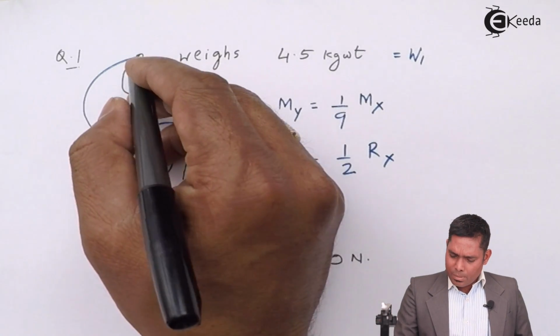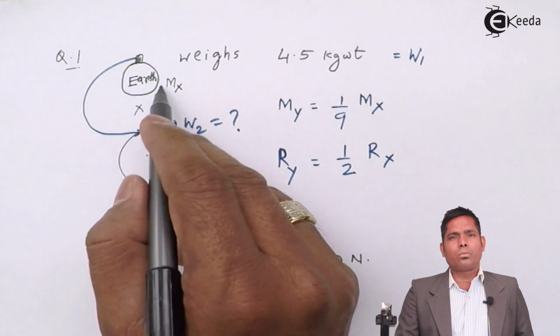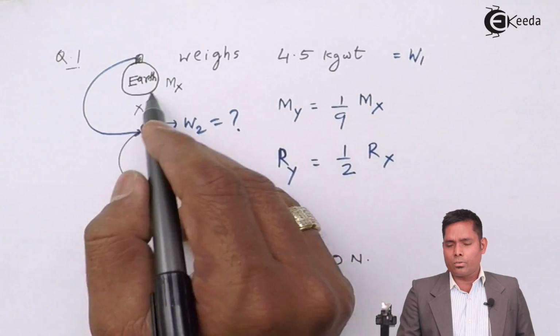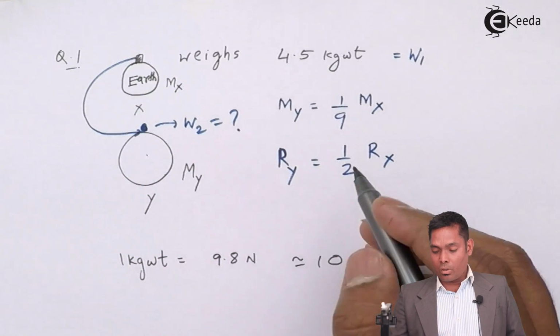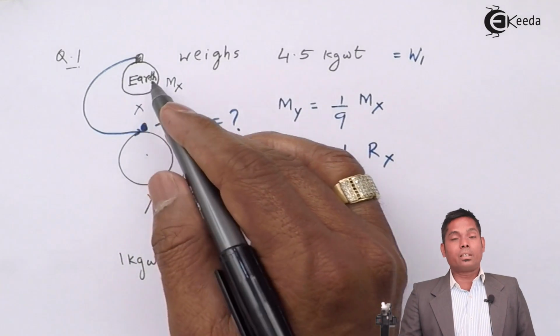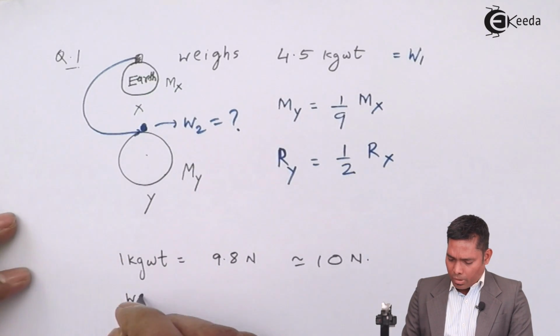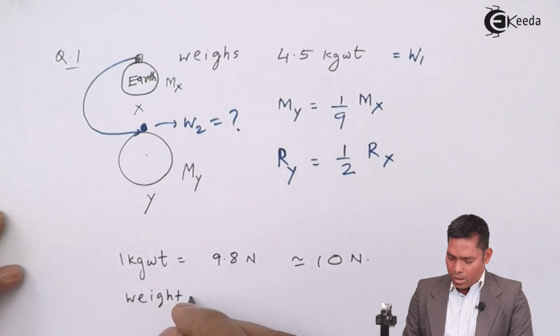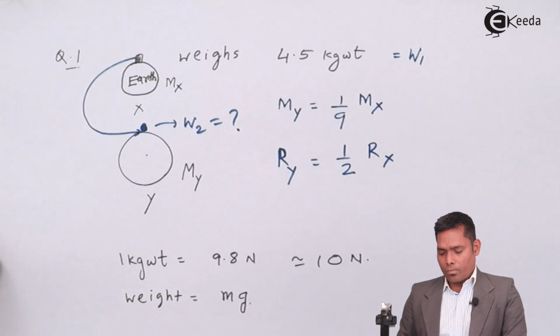If the same object is placed on a planet whose mass is 1/9 that of Earth and radius is half that of Earth, then how much will be its weight? Because the weight depends on the mass and the radius of the planet. Weight is mass into acceleration due to gravity.